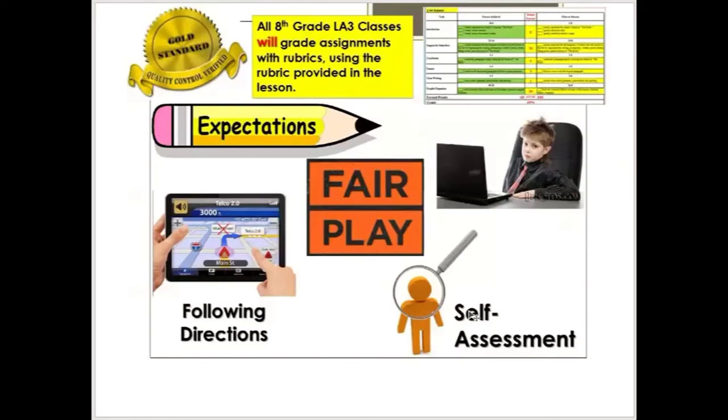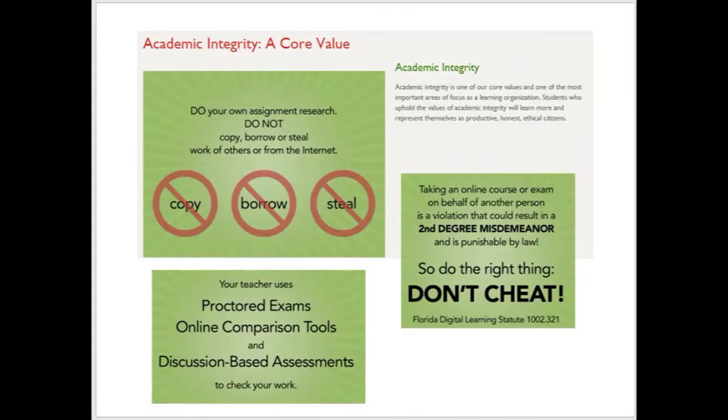That's the best part. It is expected that you do your own work and only your work in the course. Academic integrity is one of our core values and one of the most important areas of focus as a learning organization. Your assignments automatically run through online comparison tools like Turnitin before your teacher grades them. Please do not copy, borrow, or steal work from others or the internet.